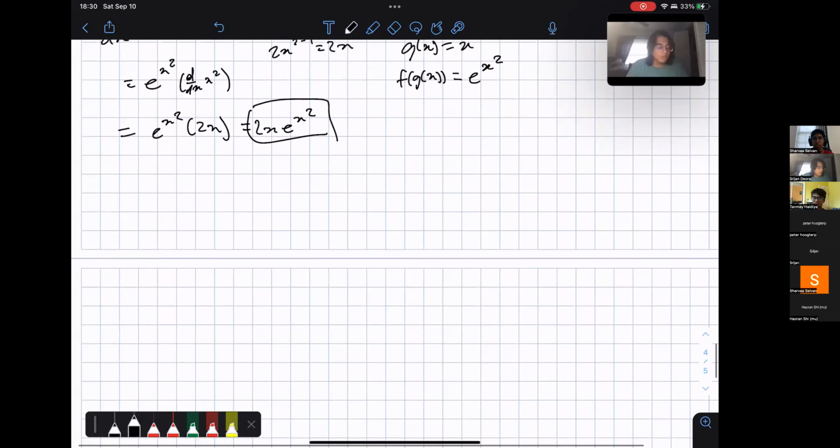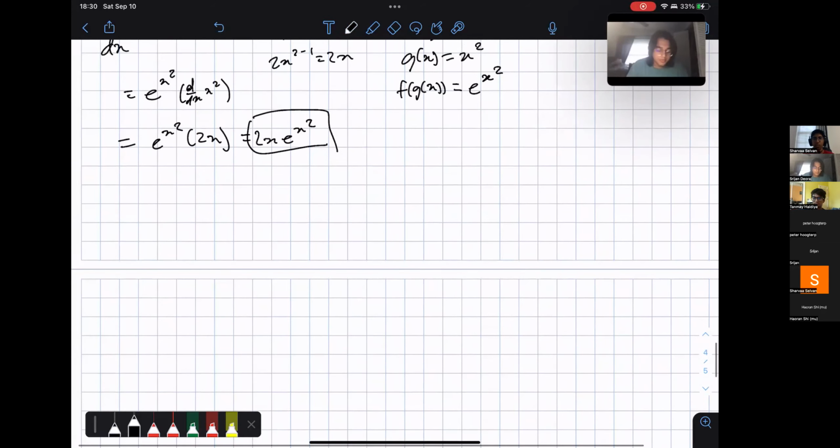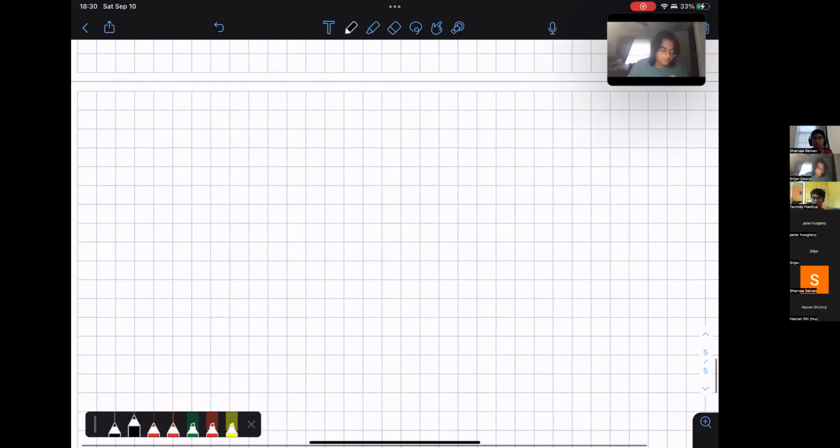Let's do one more example of the chain rule. So let's say you have the derivative of sine of x to the 7th. Actually, let's do sine of e to the x plus 3, to the 7th.